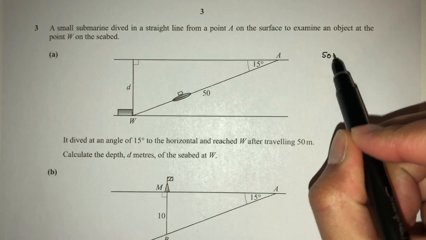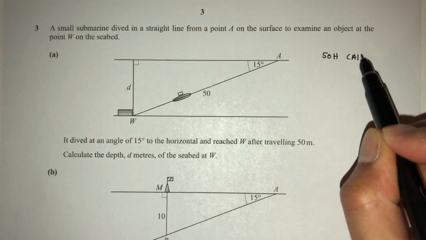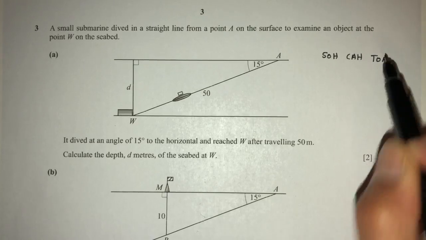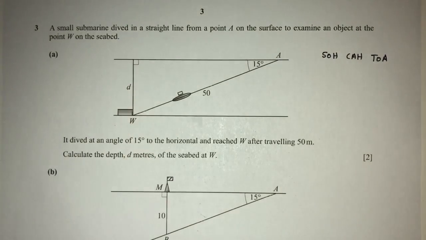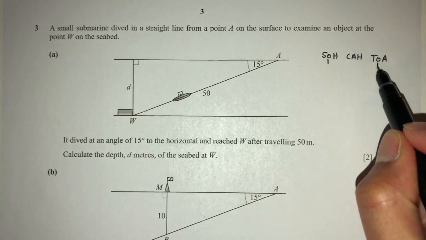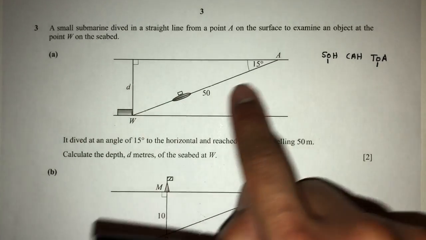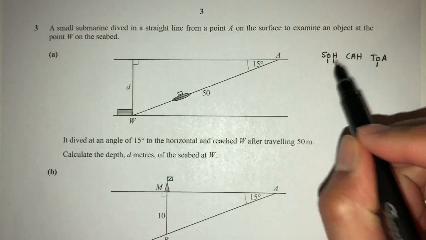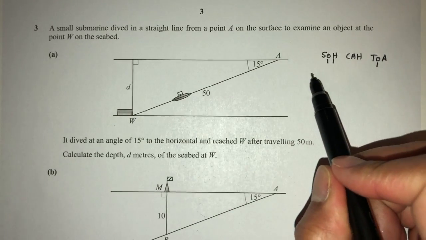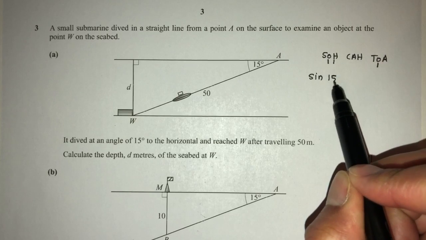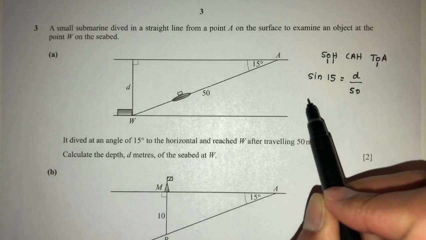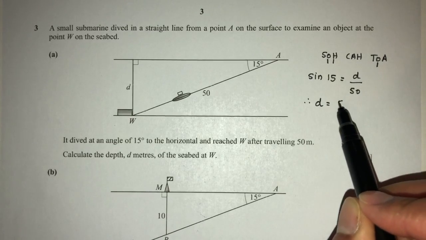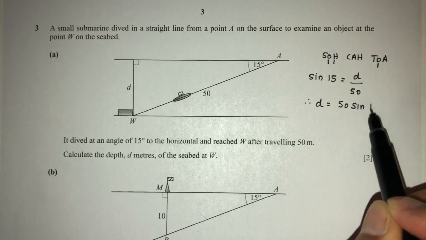So SOHCAHTOA. We want to find this side. This is our opposite side. So O and O. And we are given this side. This is the hypotenuse. So as you can see, we have to use sine. So sine of the angle will be opposite side over hypotenuse, which means D has to be 50 sine 15.